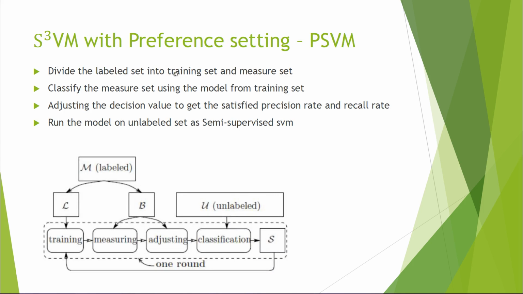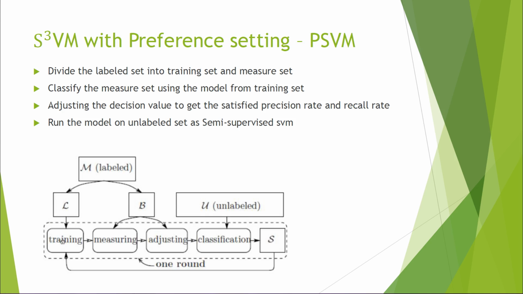In the semi-supervised SVM training with the preference setting, it's called PSVM in the paper. Before the unlabeled set is classified, it will first divide the labeled set into a training set and a measure set.